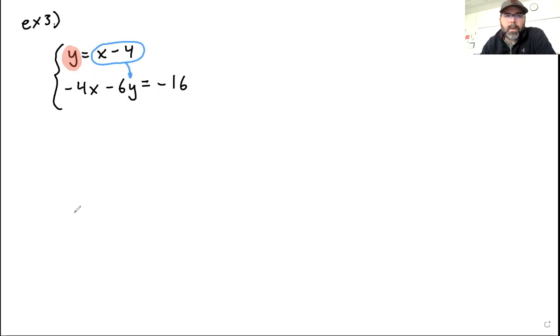We're going to plug it in for y. So let's do that. Let's write this other equation. Parentheses around my y because that's about to change. And now let's actually substitute it. And instead of y, I'm going to put x minus 4.